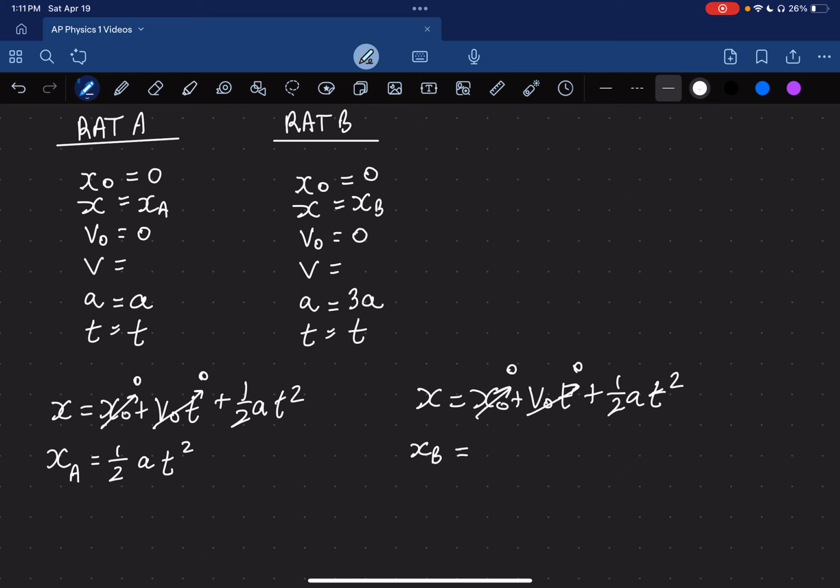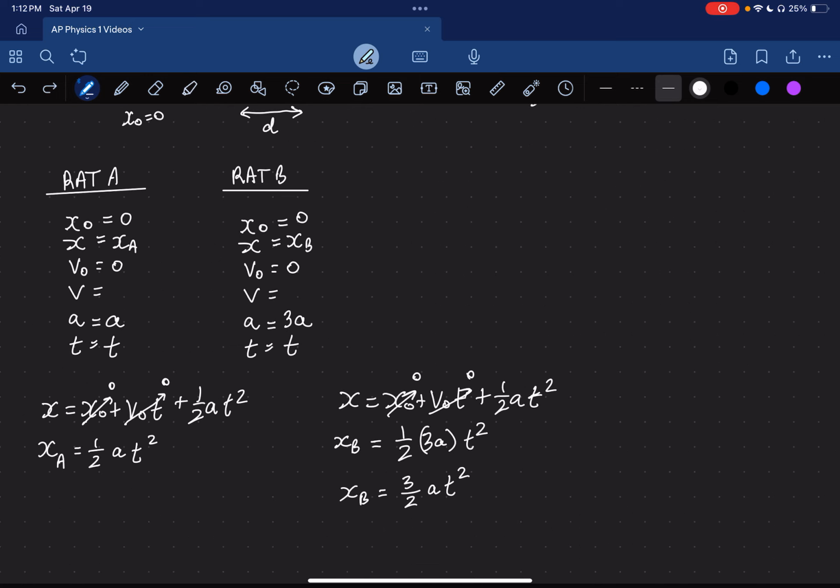This term is 0. Now the acceleration of rat B is 3 times the acceleration of A, so I'll put that in here, but it'll arrive there at the same time, T. And I think I'm just going to say 3/2 AT squared. I'll write it like that, bring the 3 up here, and you'll see why in a moment.